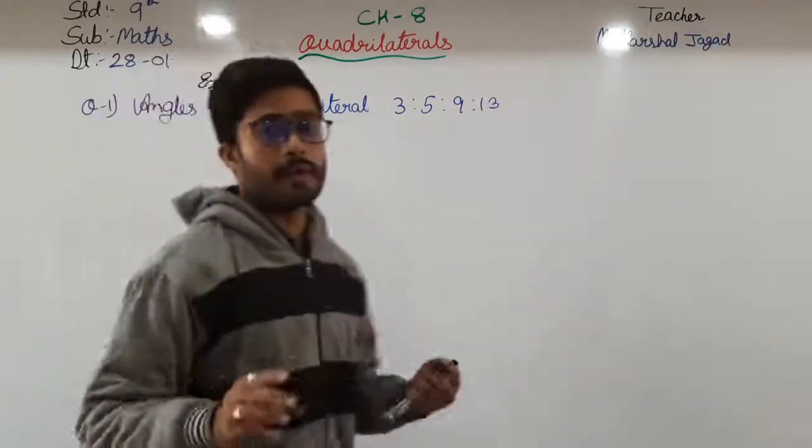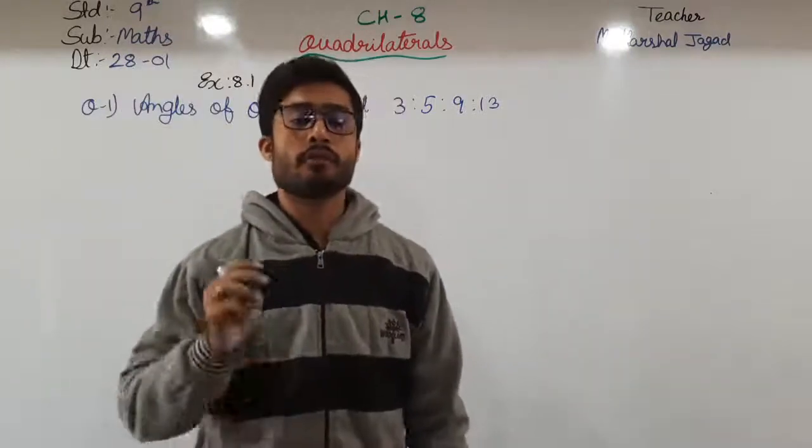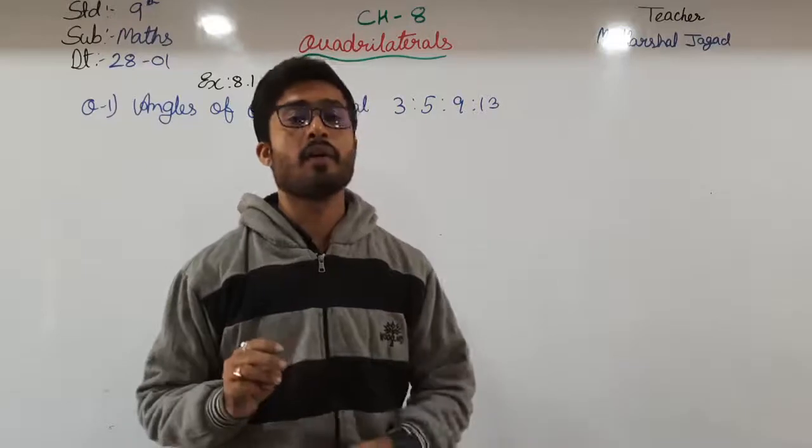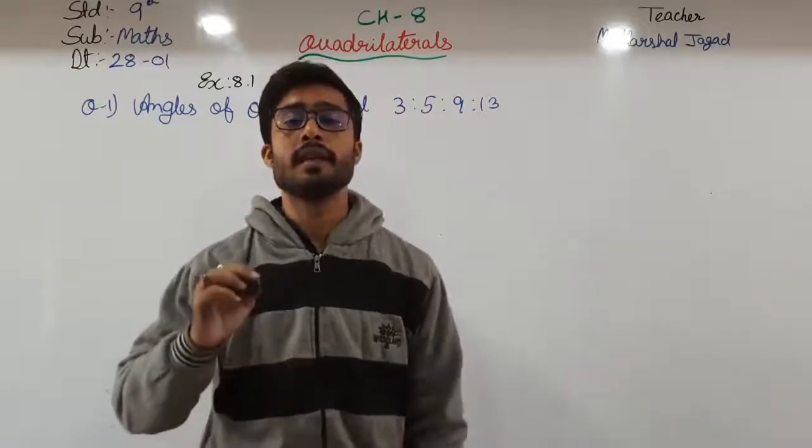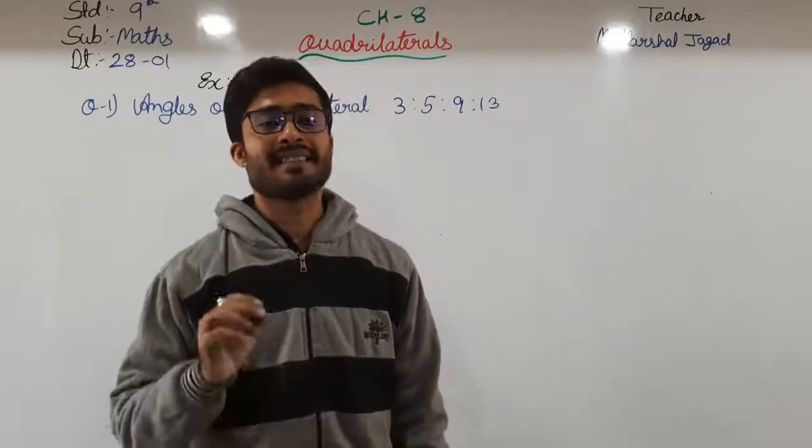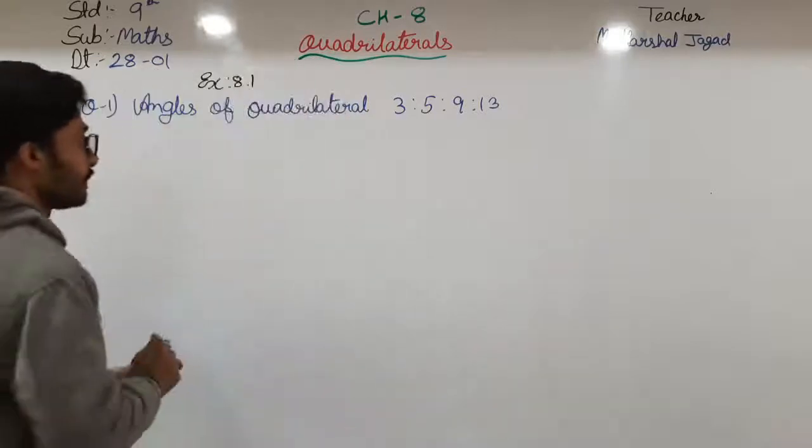So we know that the sum of all the angles of a quadrilateral is 360 degrees.